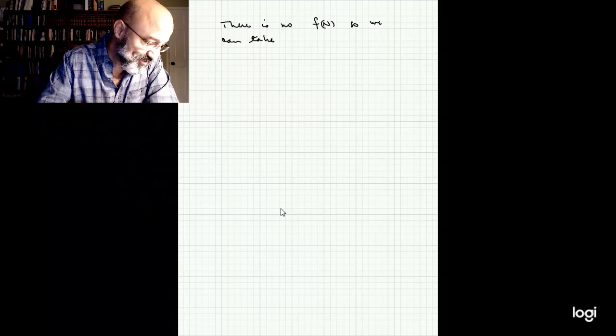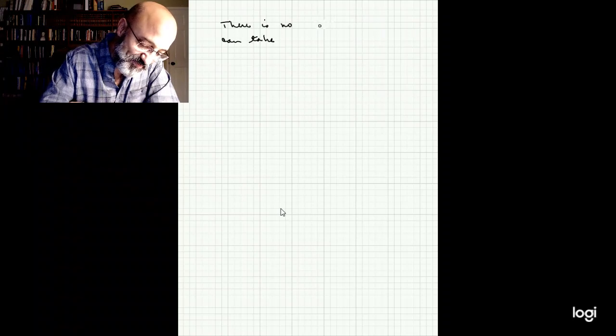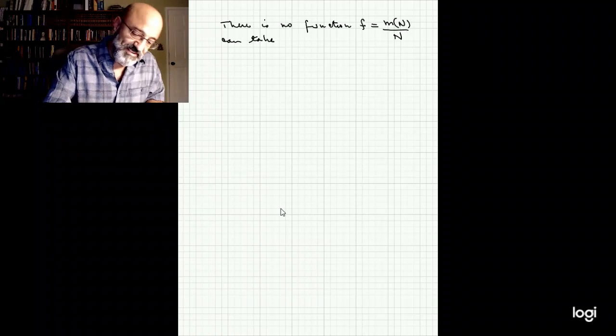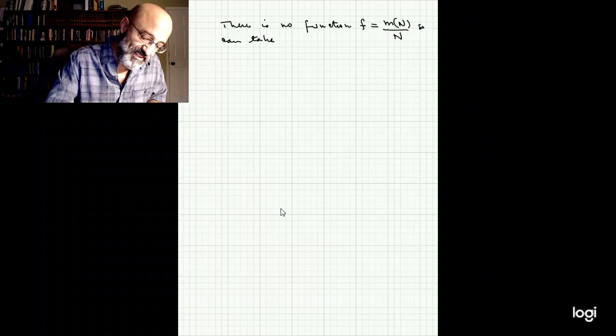So let me write it like this: no function f equals m as a function of n divided by n, so we take the limit.